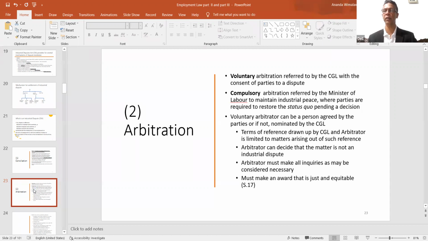It means that even though parties disagree, to refer the matter for arbitration, the minister can do it.